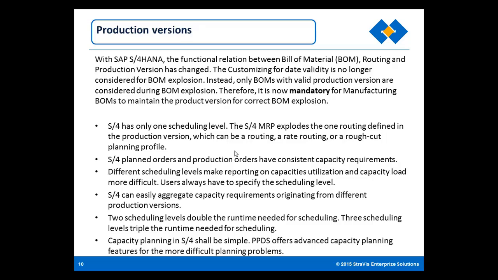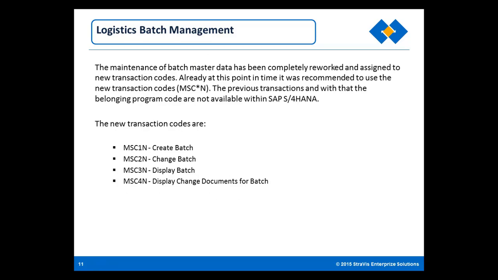Going forward, it will be connected to PPDS, that is production planning and detailed scheduling, which is part of an APO session. And in case of logistics batch management, the maintenance of batch master data has been completely reworked and assigned to new transaction codes.